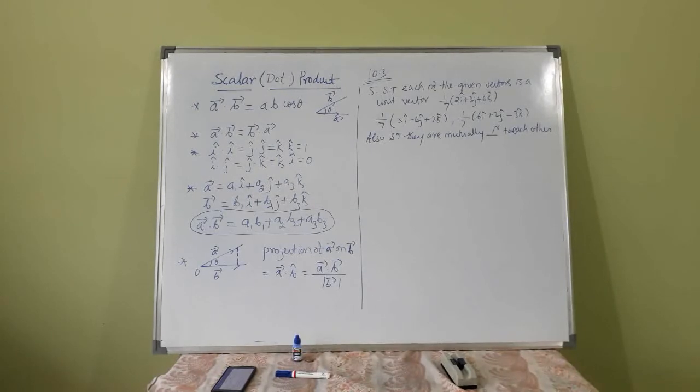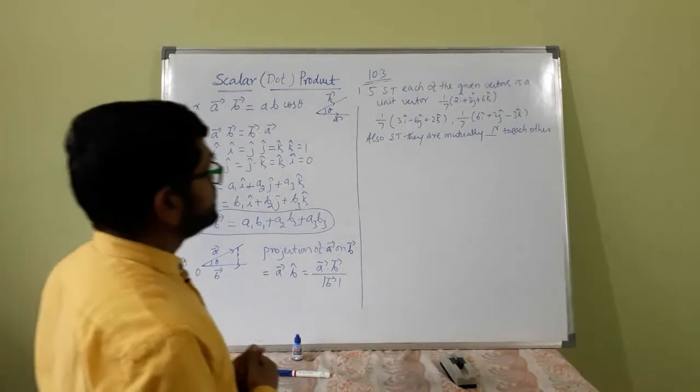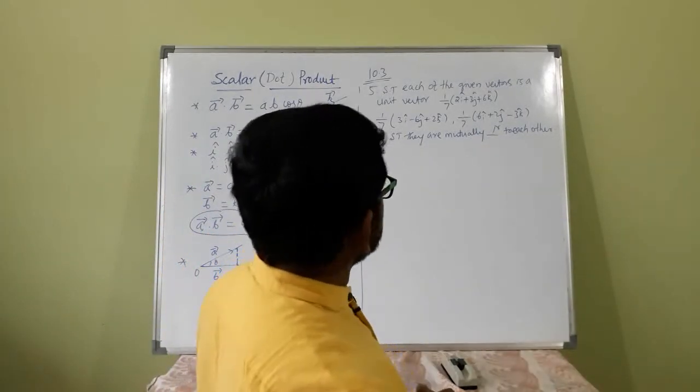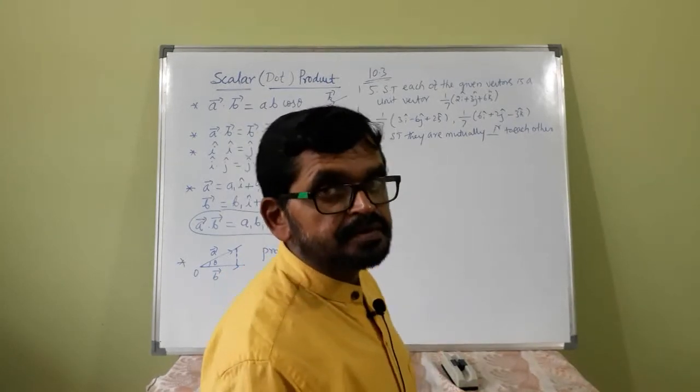Show that each of the given vectors is a unit vector. Three vectors are given, let us call them A, B, C. Also show that they are mutually perpendicular to each other.